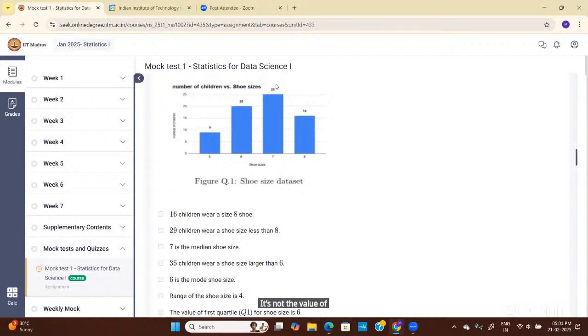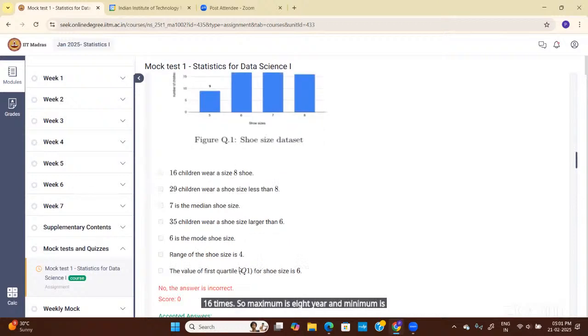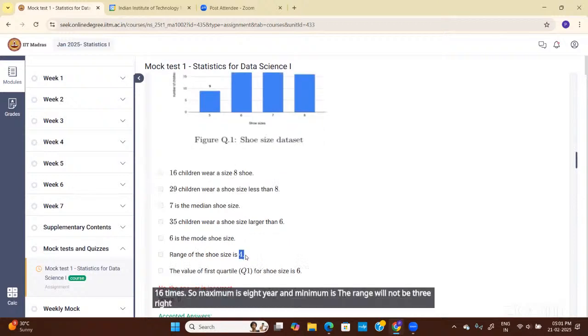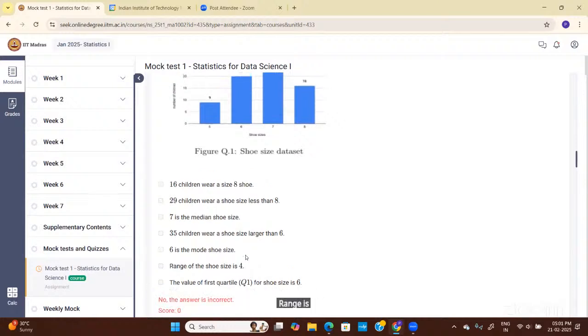So it is 5, 9 times, then 6, 20 times, then 7, 25 times, and then 8, 16 times. The maximum is 8 and the minimum is 5, so the range will not be 4. The range is 3.